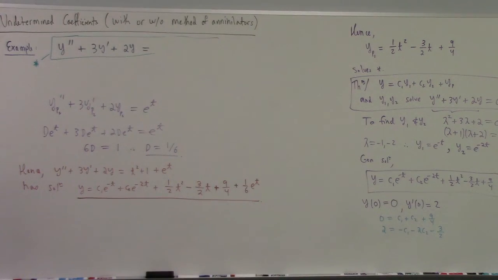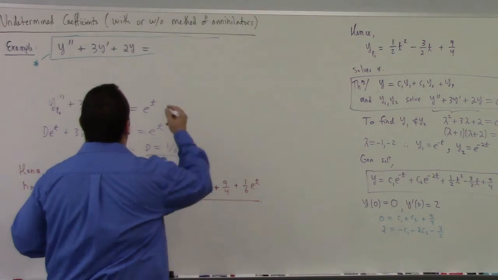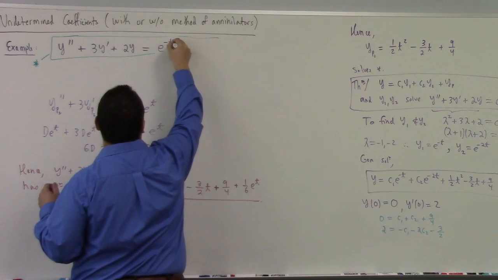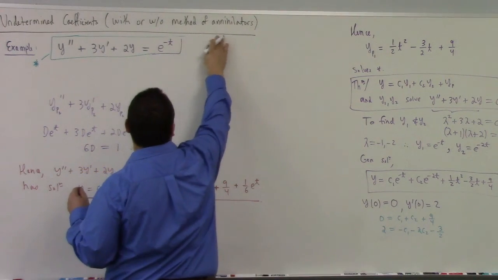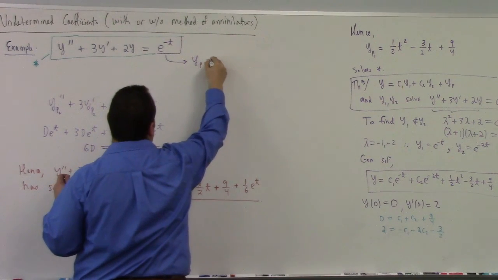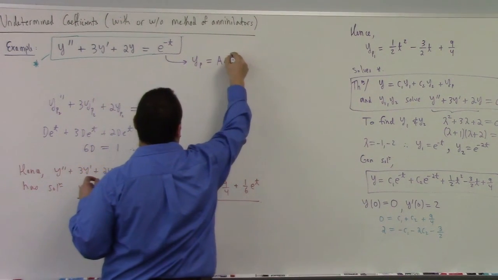So suppose we have e^(-t) here, right? So the naive guess would be that y_p is like a e^(-t).